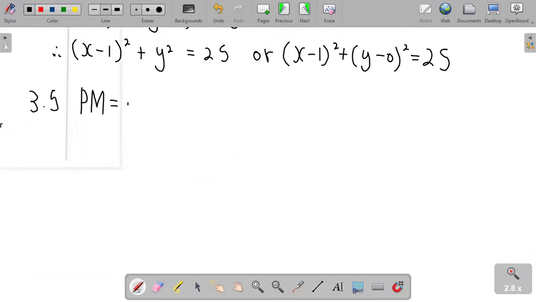PM equals the square root of XP minus XM all squared plus YP minus YM all squared.